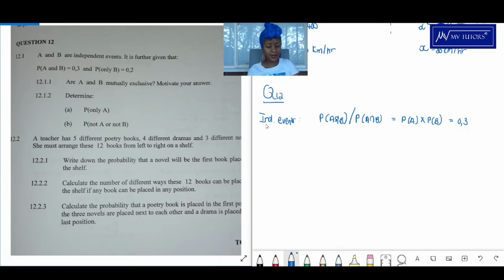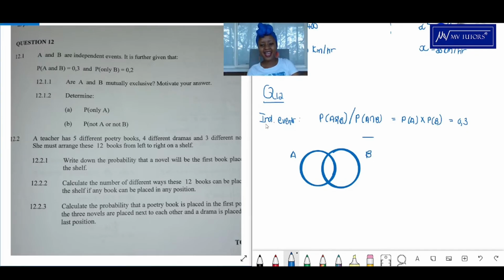So if I were to put it in a Venn diagram, I would have A there, and because there's an intersection, I have B there. Let me try that again, it's not recognizing my circle. There it is.